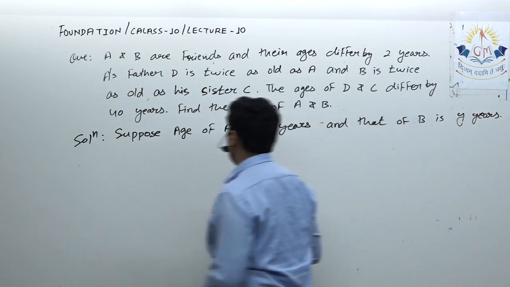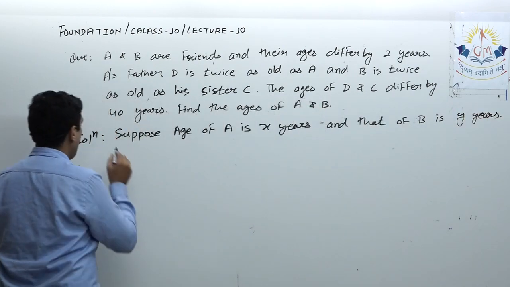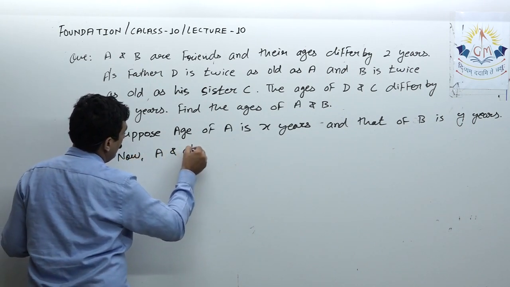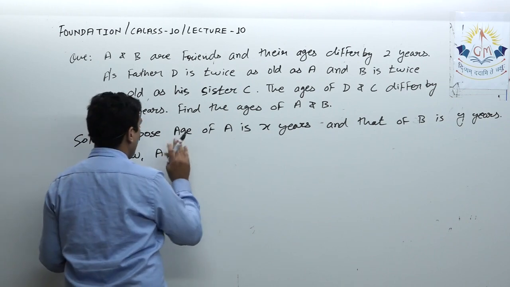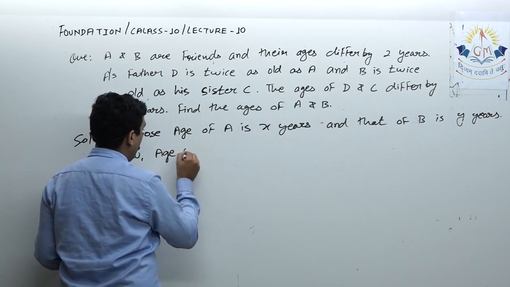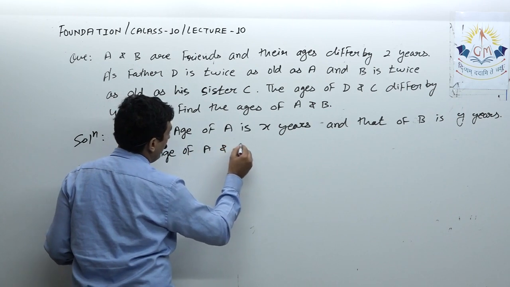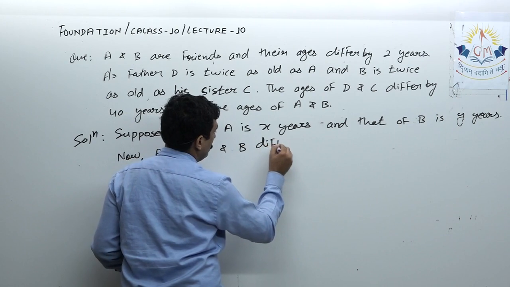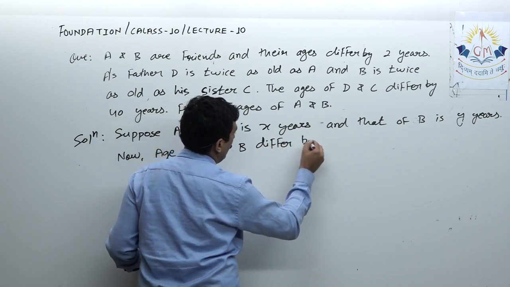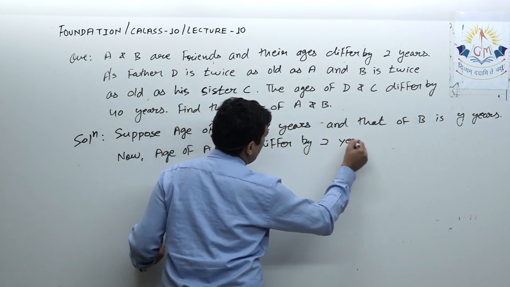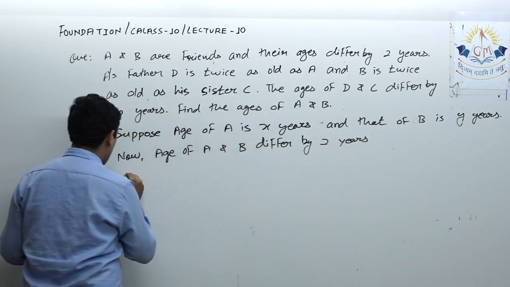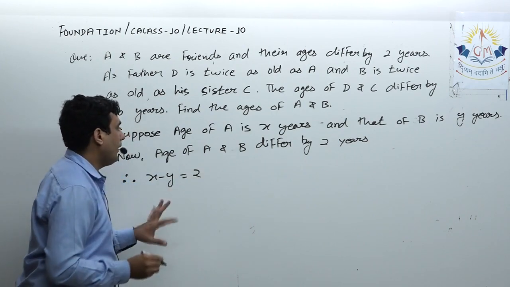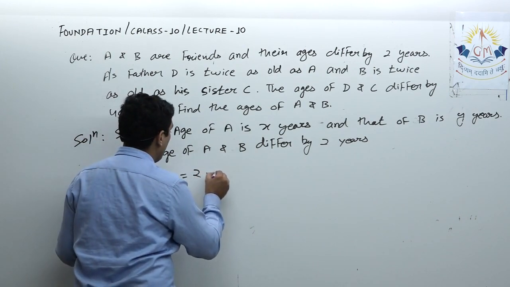Okay, so here we assume the ages of A and B. Now the ages of A and B differ by 2 years. Therefore, I can say x minus y is equal to 2, or y minus x. So here I am assuming x minus y is 2.